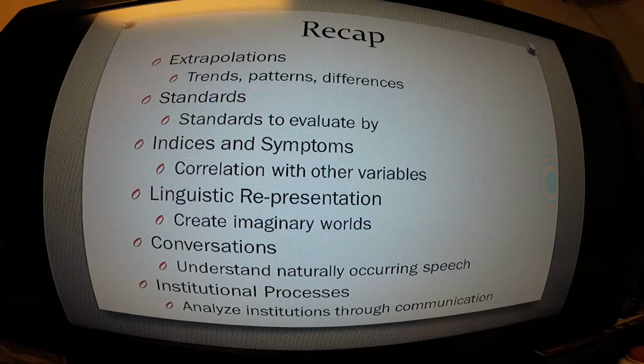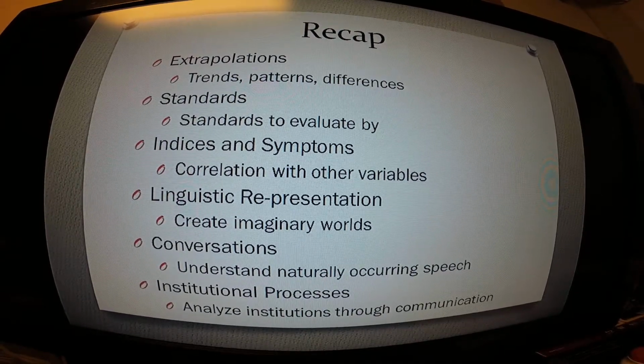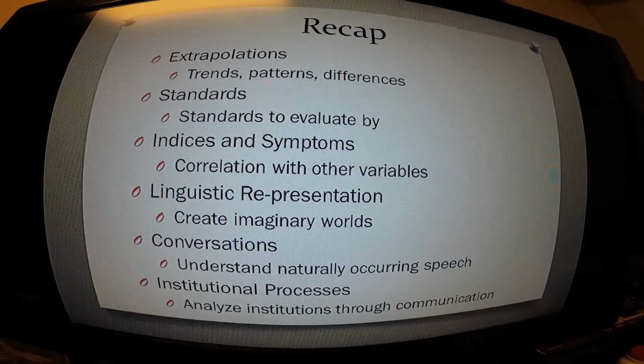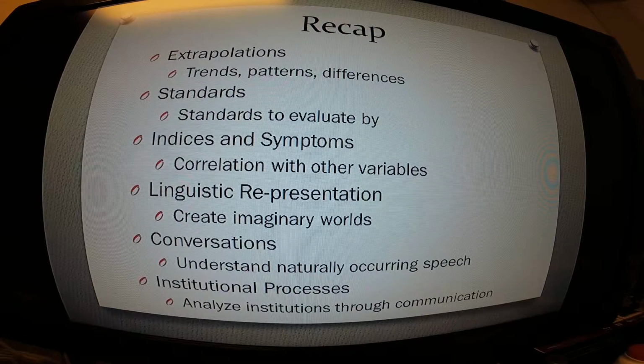Linguistic representation: we're creating that imaginary world in our mind. Conversations: we're trying to understand what is occurring in naturally occurring speech. And lastly, institutional processes: we're analyzing an institution through their communications.